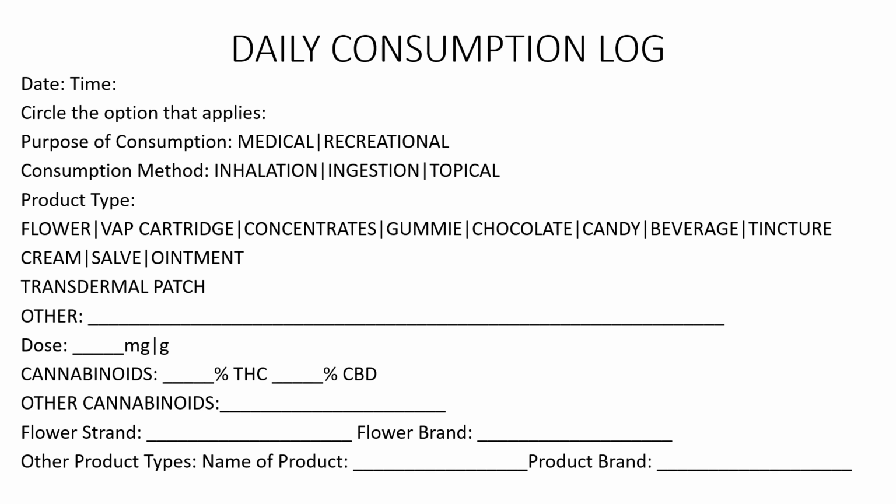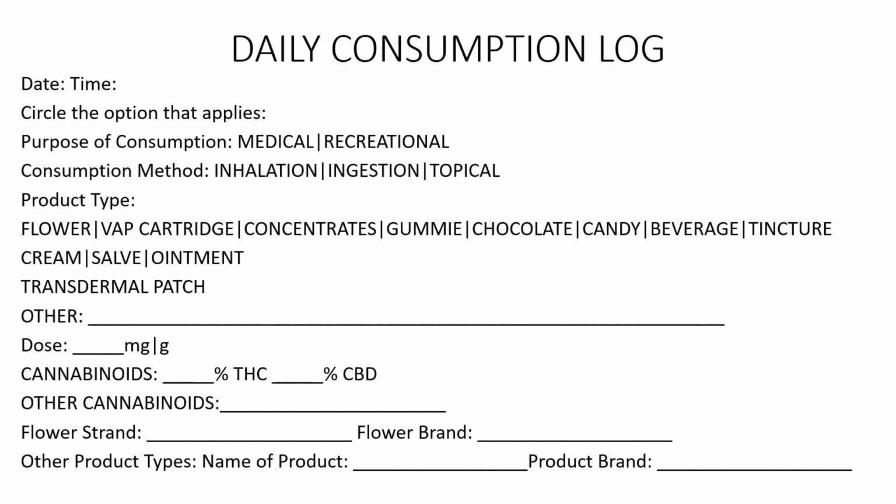So here's an example. Let's say that you are a medical person. It's a Saturday, and you have already done all your scheduled consumptions for the conditions that you treat with cannabis, and now you are using cannabis recreationally, and so you mark it as that. Or it can be vice versa.